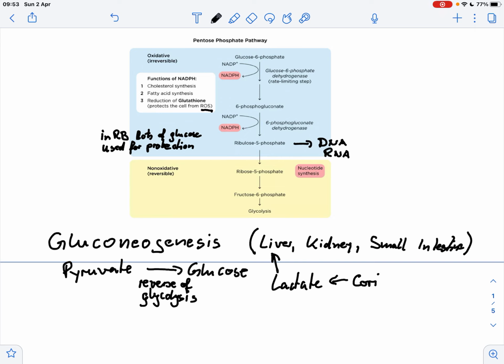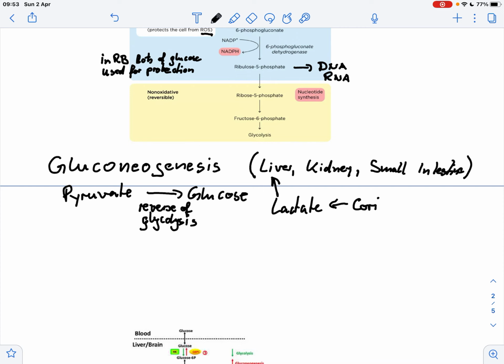So here the liver basically takes the lactate that comes from the various cells and converts it into pyruvate, and from there we go straight into gluconeogenesis. A trigger for gluconeogenesis is when the NADH to NAD plus ratio is high.